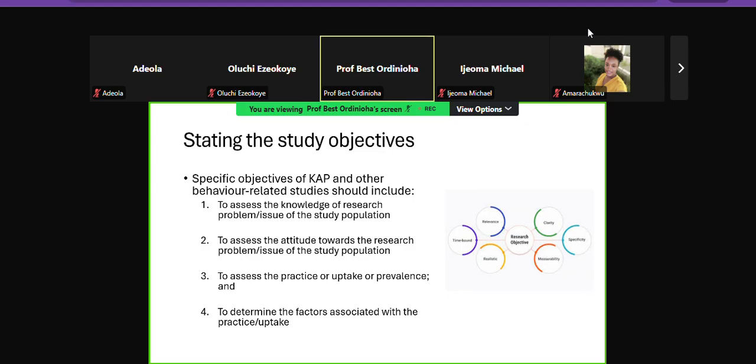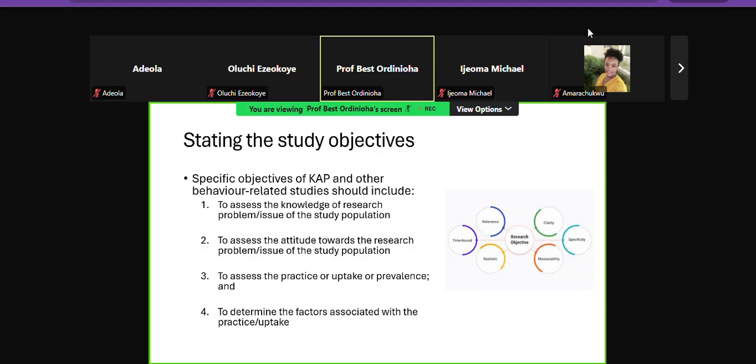If it's a CAP study, the objectives are likely to be 4: knowledge, attitude, practice, and then the 4th one. The 4th one is the factors associated with the practice or the uptake. I want you to add that 4th one, because that is what distinguishes an undergraduate study from a postgraduate study.